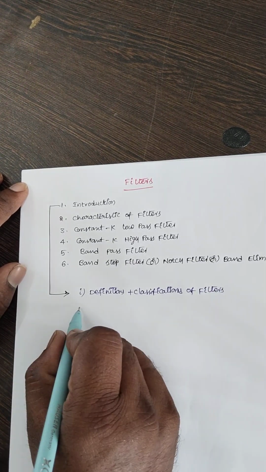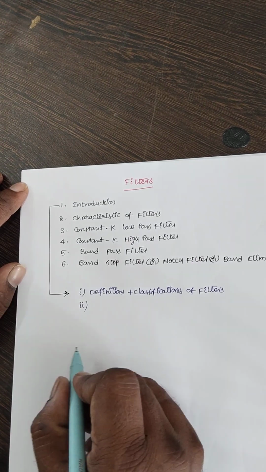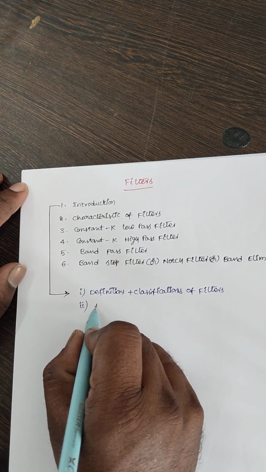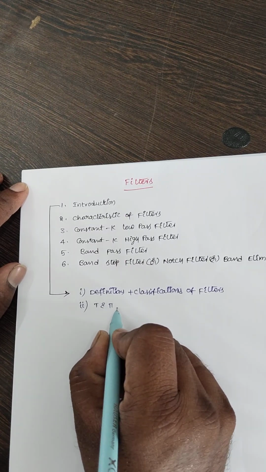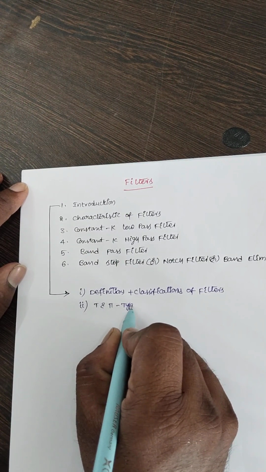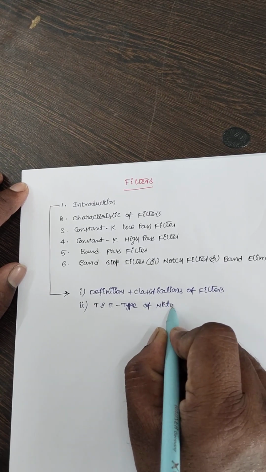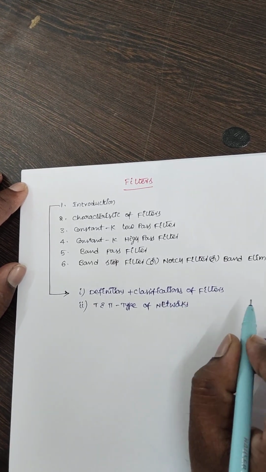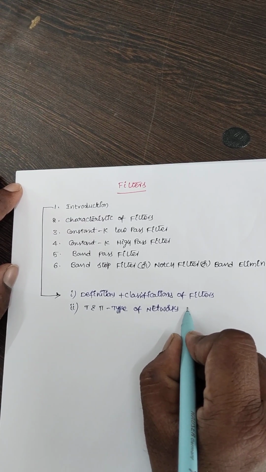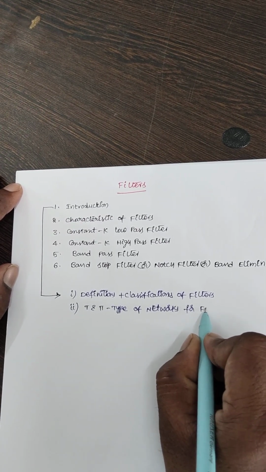Second one is T and pi type of networks for filters.